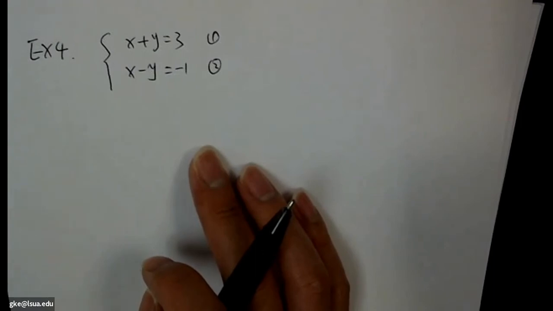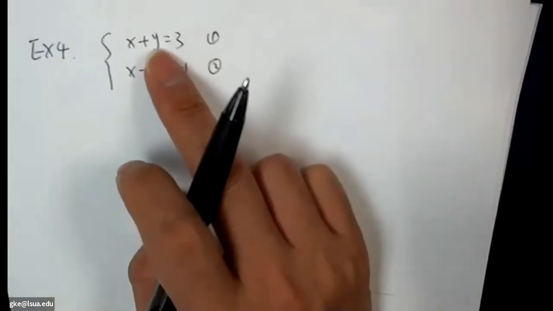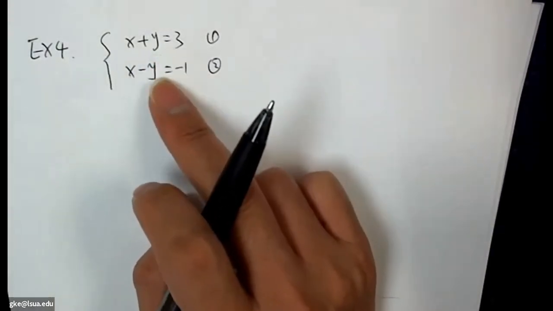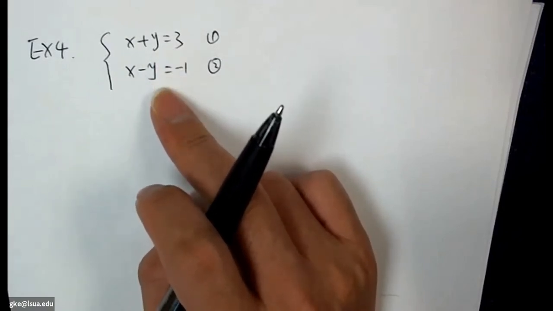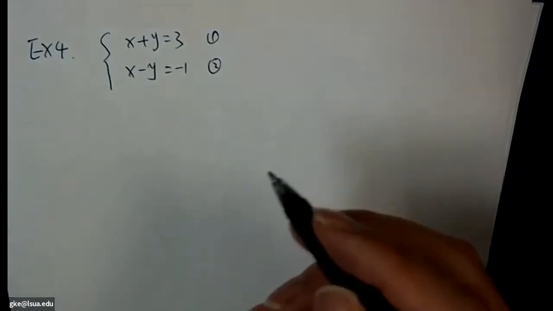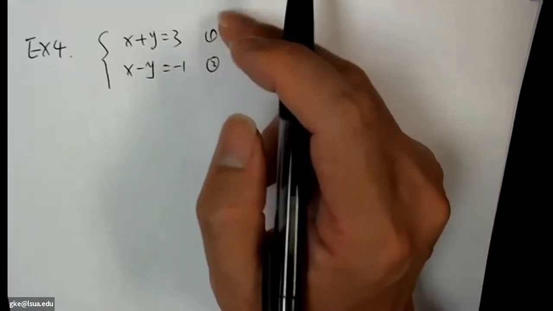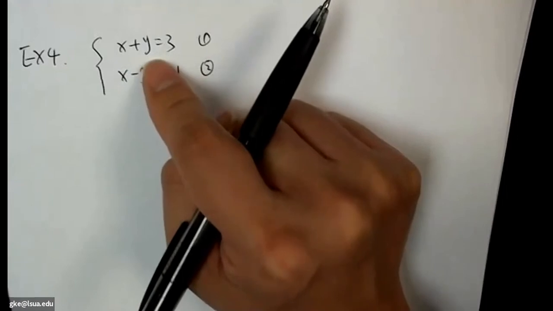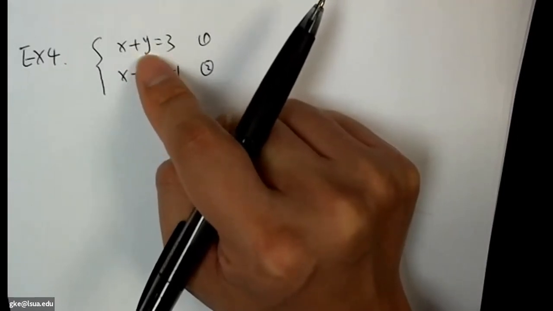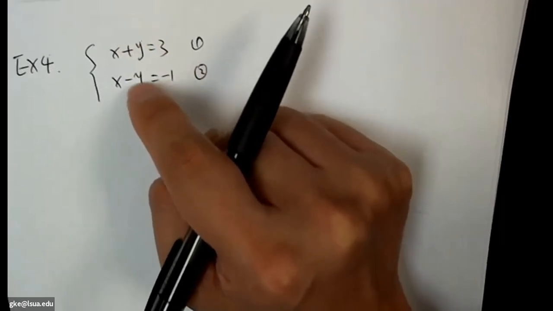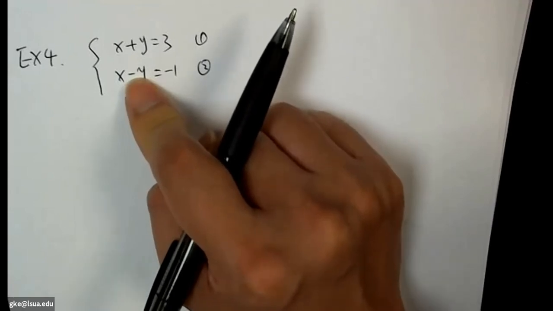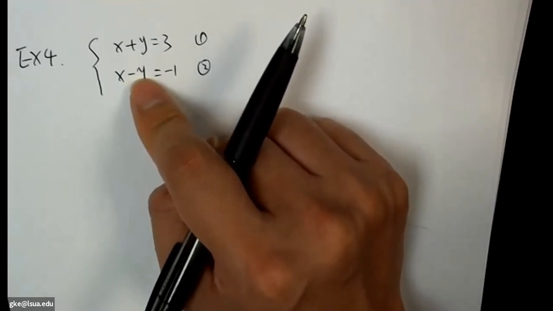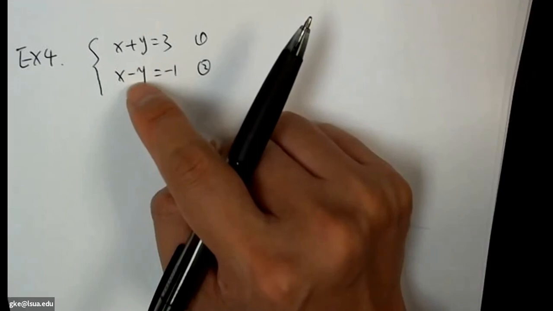We basically use the property of these two equations. We do the addition or subtraction to eliminate one variable. For example, for these two equations, we can see the coefficient of y is 1 in the first equation, and in the second equation, we find the coefficient of y is -1.